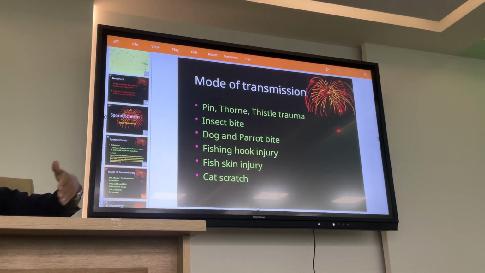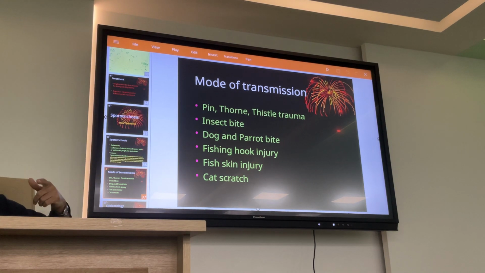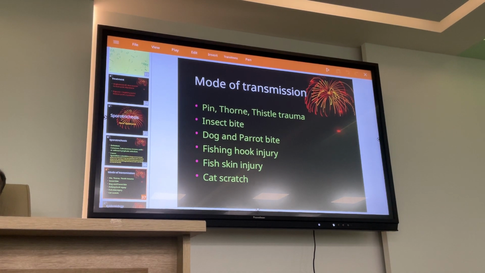Any instrument that causes trauma in your skin, an insect bite, is another way. All of them are trauma in the skin, because the main way is a skin lesion, not air transmission.